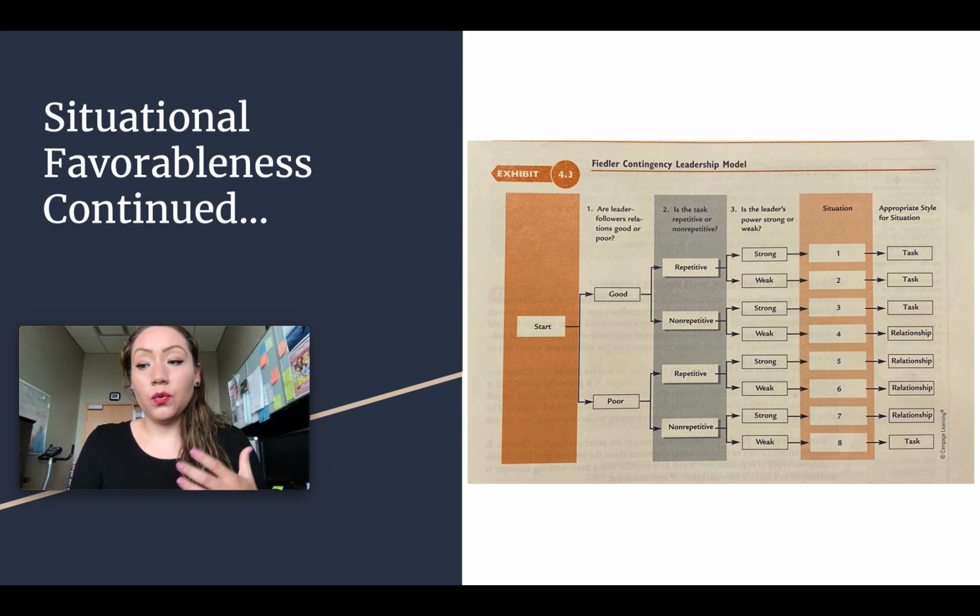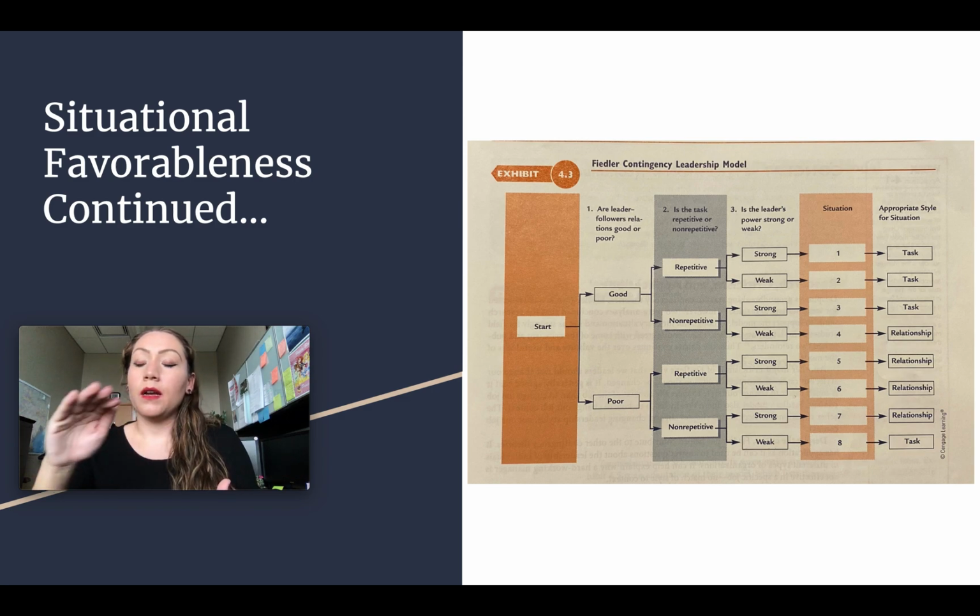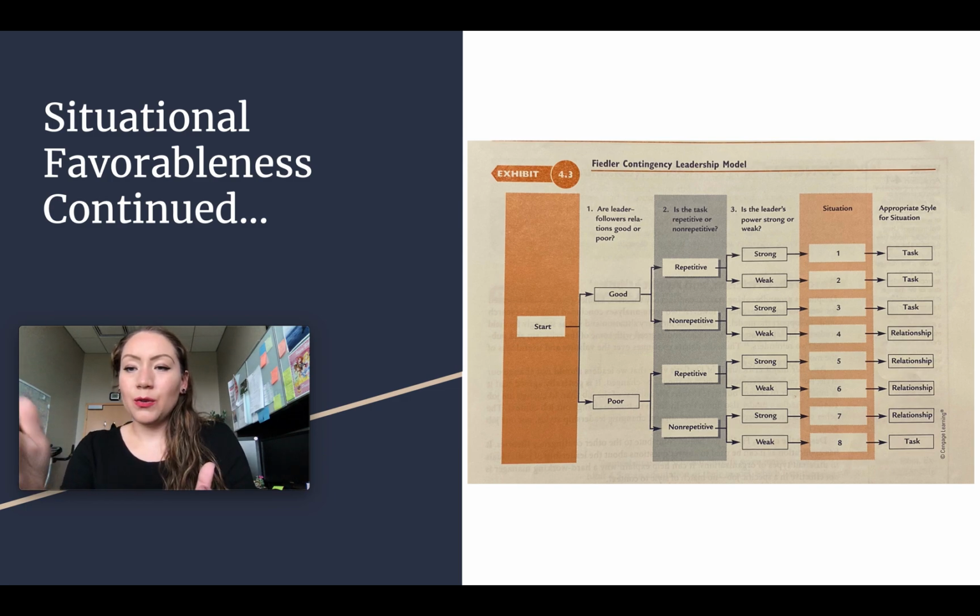Once you get to the situation, number 1 is the most highly favorable, and 8 is the very least favorable. Once you do it and get your appropriate style for the situation, if you get task-oriented and that's not what you are, then you wouldn't match.